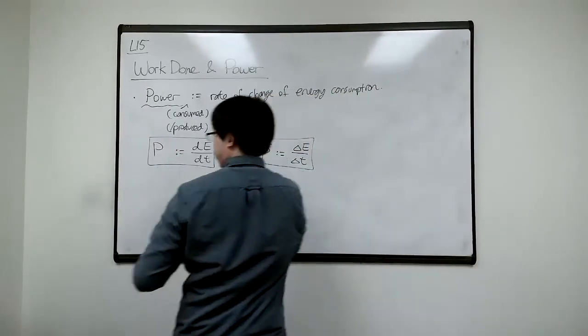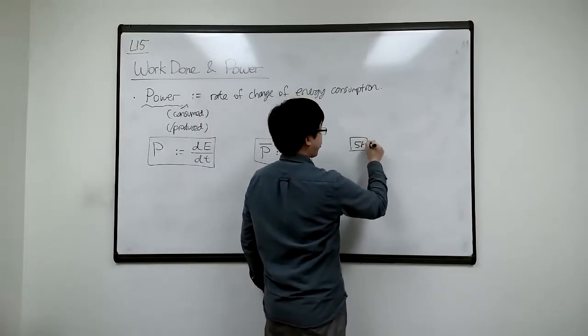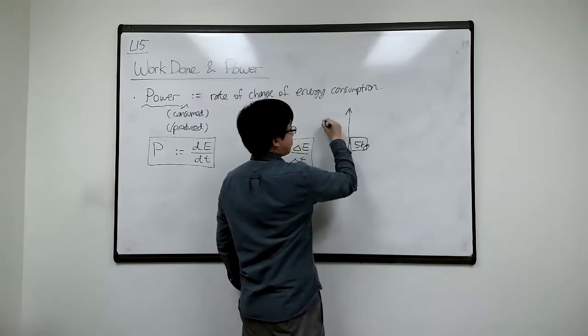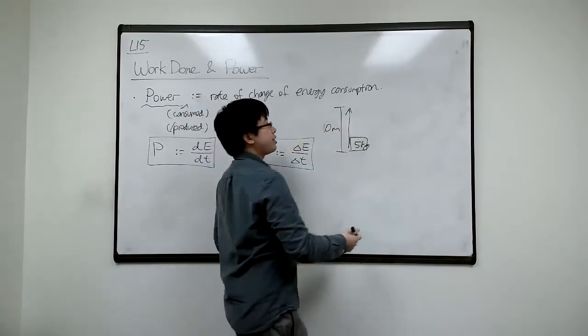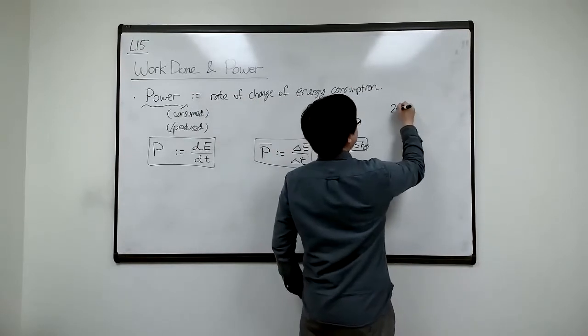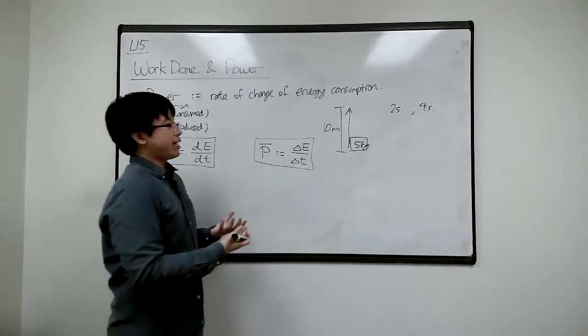If I want to raise a block of our favorite number, 5 kilograms, up by, let's say, 10 meters this time, and I can do that in 2 seconds compared to 4 seconds, which one has more power? So that's one way you can use it.